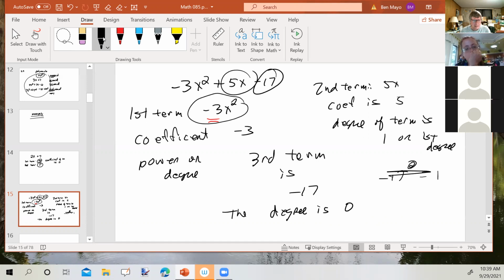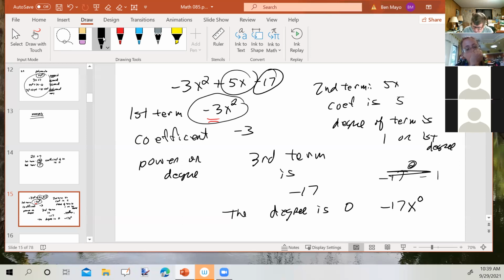When we're talking algebraically, a constant term has no visible variable, right? It's just a number. When we're talking about the degree of the term, we're talking about the exponent on the variable. Well, negative 17 doesn't have any variable with it. But suppose we put a variable with it, but we made that variable to the 0 power.